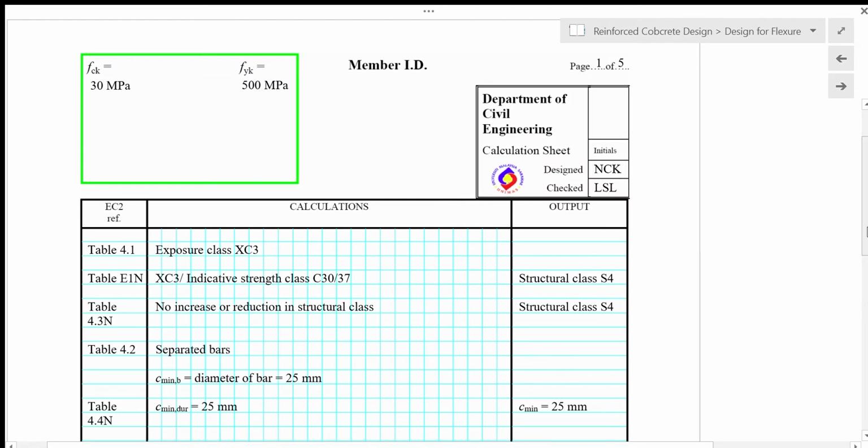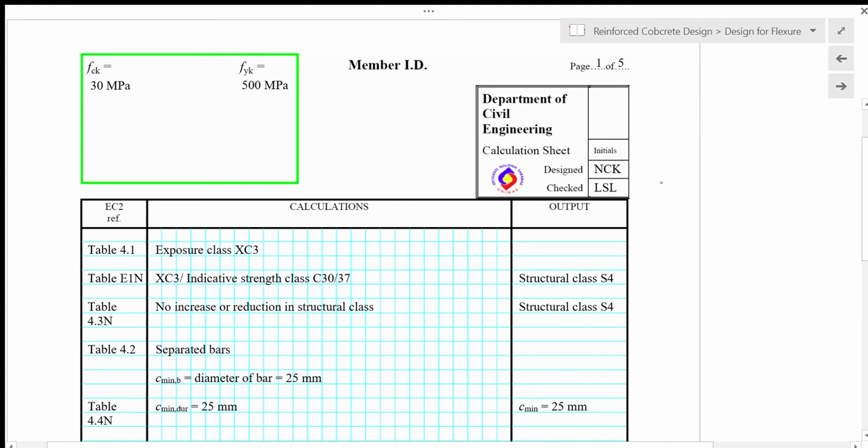So this is the calculation sheet that we use for reinforced concrete design. On the top left hand corner you have characteristic strength of concrete and also characteristic strength of reinforcing steel. And then you have the department that is doing the design, and then the designer, and then the checker.